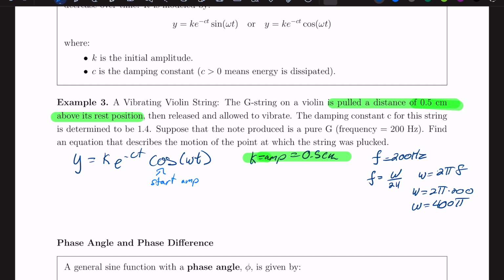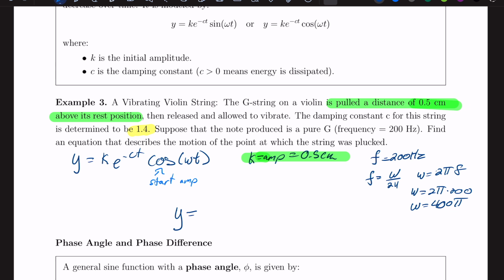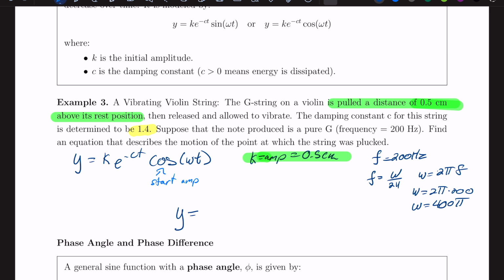Okay. The damping coefficient, or the C as part of our damping coefficient, to be more precise in my wording, is given to us to be 1.4. And in that, here we have K, we have omega, and we have our C. So we can write this out. And that's all the problem asks us to do, is just write this out. So K here is 0.5. We have e raised to the negative 1.4.